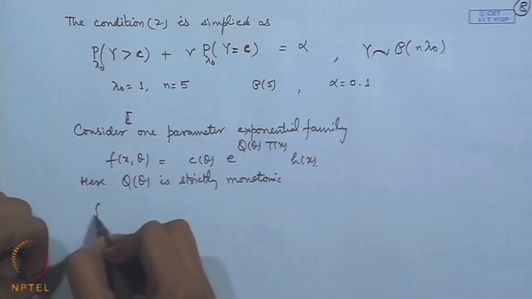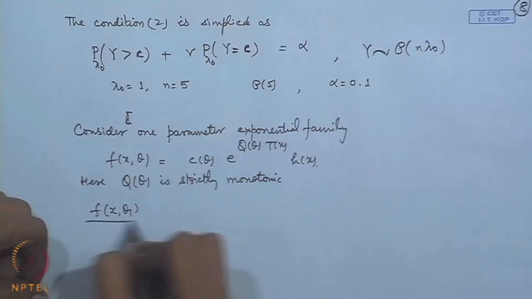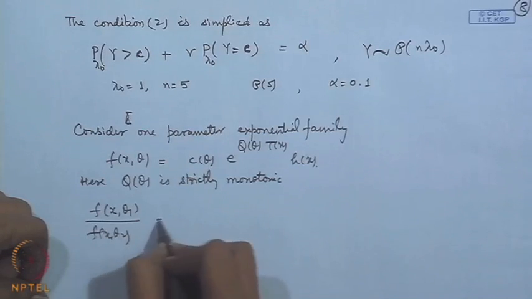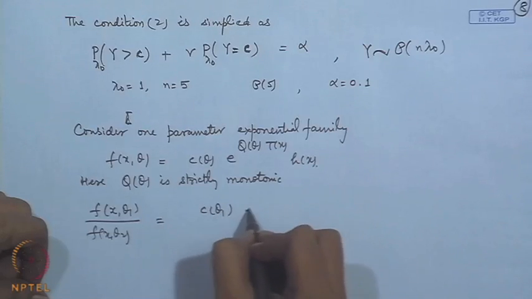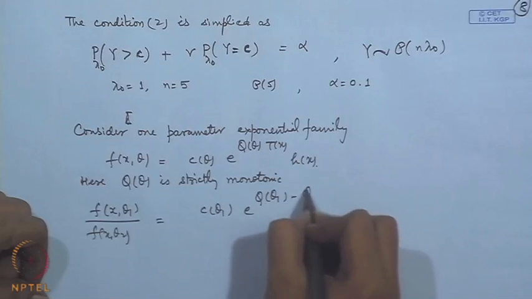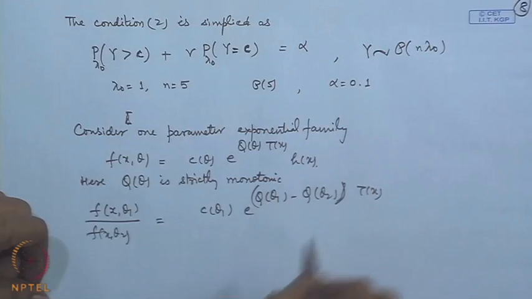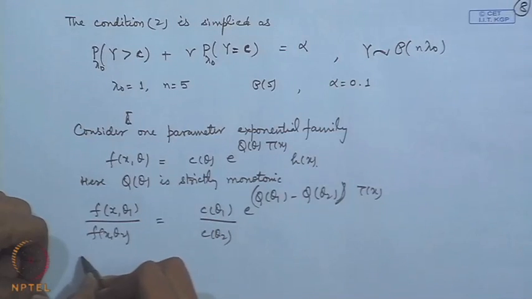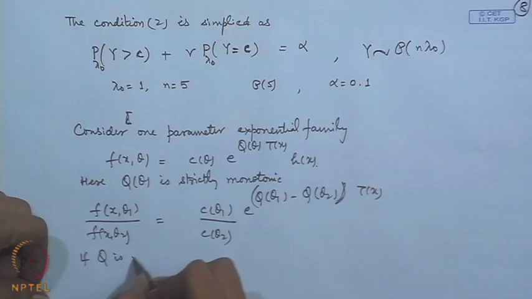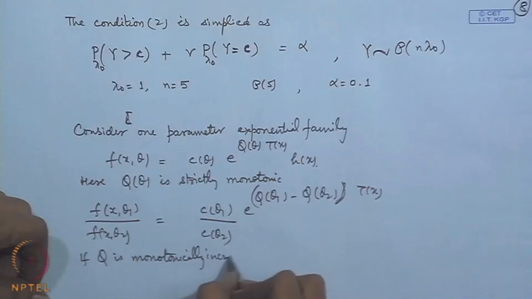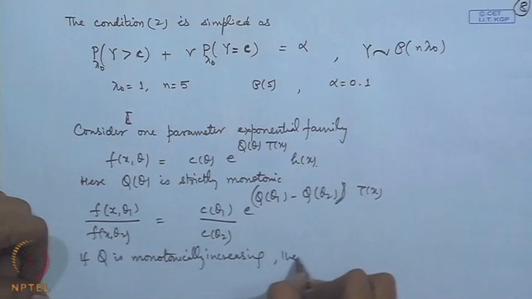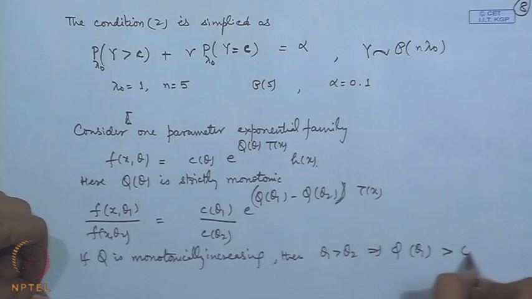Let us write down the ratio f x theta 1 by f x theta 2. Then this becomes c theta 1 by c theta 2 times e to the power q theta 1 minus q theta 2 into T x, and h x gets cancelled out. Now, if q is monotonically increasing, then theta 1 greater than theta 2 will imply q theta 1 greater than q theta 2.